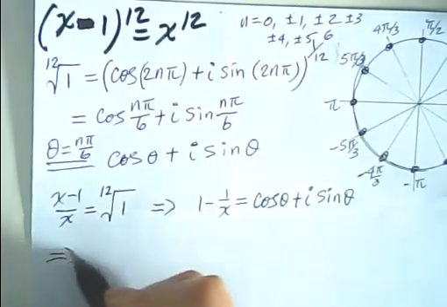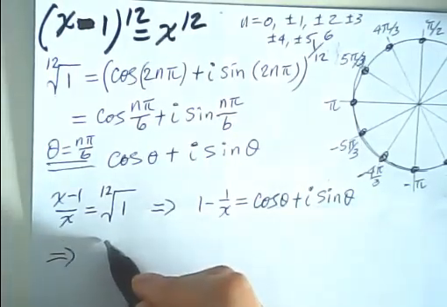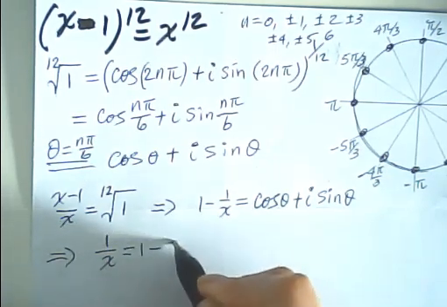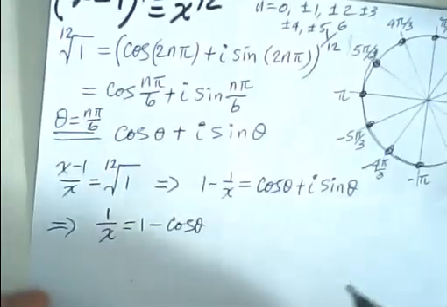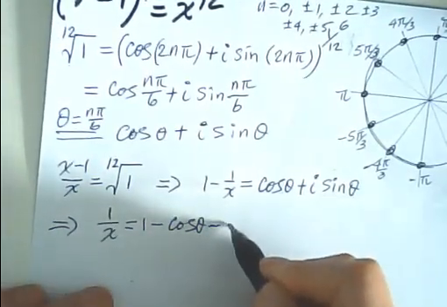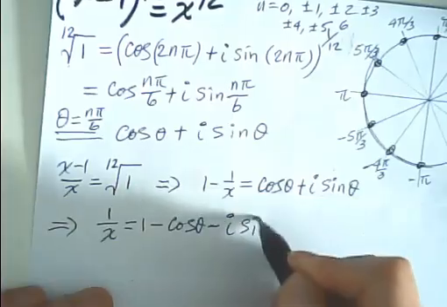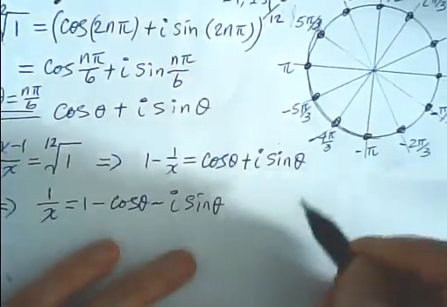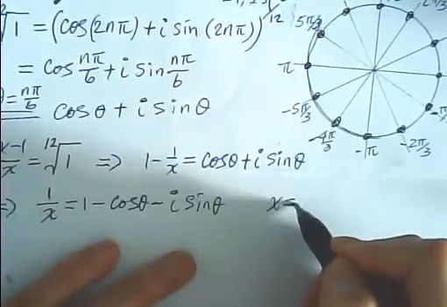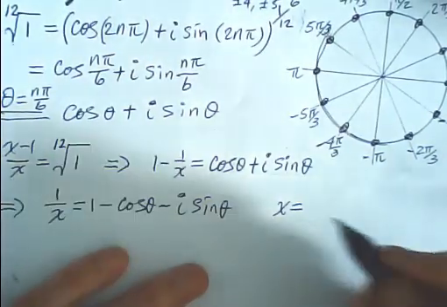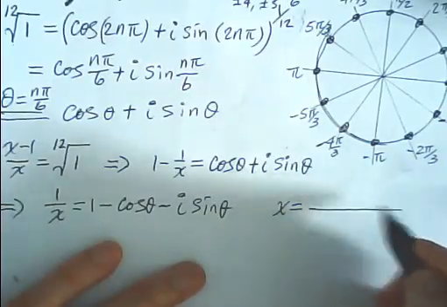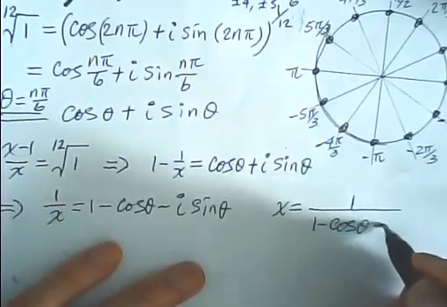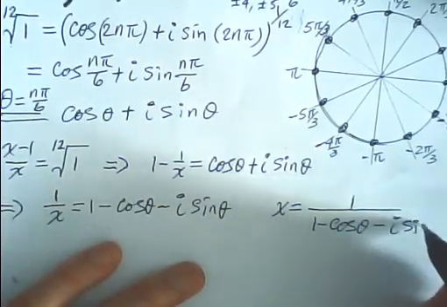So from which we know that 1 over x is equal to 1 minus cosine theta minus i sine theta. Okay, so x is equal to, we are looking for x, aren't we? So this one is equal to 1 over 1 minus cosine theta minus i sine theta.